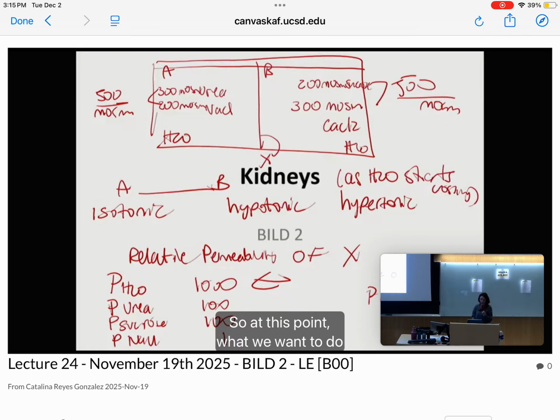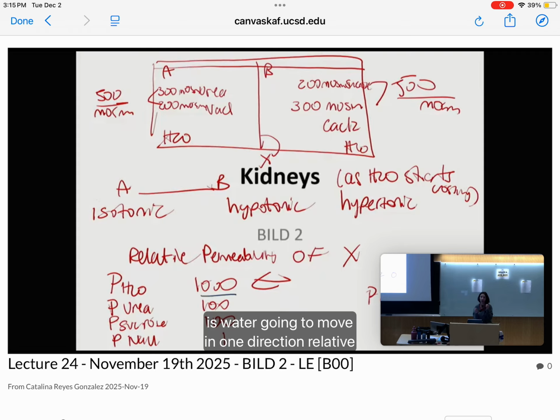At this point, what we want to do is look at what is osmotically active and what is osmotically inactive. So we're going to look at what the membrane is permeable to. Water starts crossing at time 1, and it is the first thing to cross because it has the highest permeability.